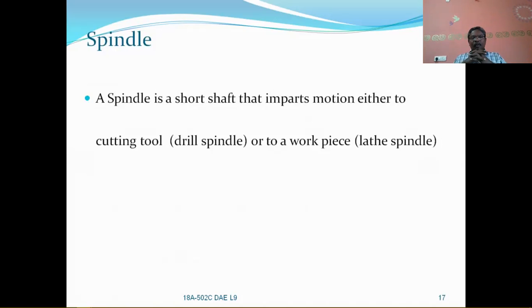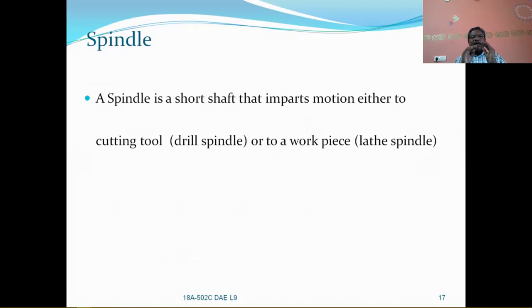Spindle. It is also similar to the shafts, and simply we can say this is a hollow shaft, but it is a short one, and it is mounted within the machine itself. That means a spindle is a short shaft that imparts motion either to the cutting tool or to the working piece.